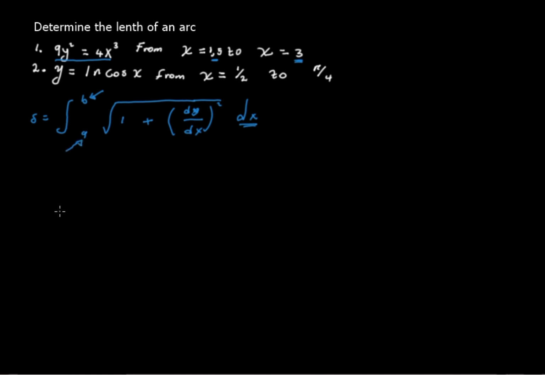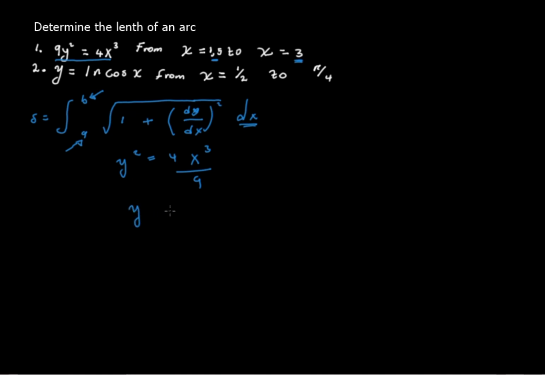Looking at the first question, I believe that we have to write this in terms of y. Firstly, let's solve for y. It's going to be y squared equals 4x to the third over 9. Now to find the value of y, you're going to take the square root of both sides.